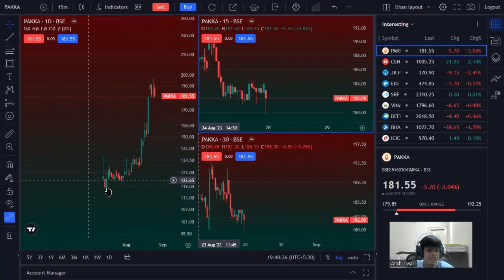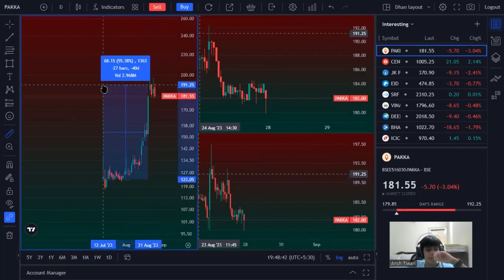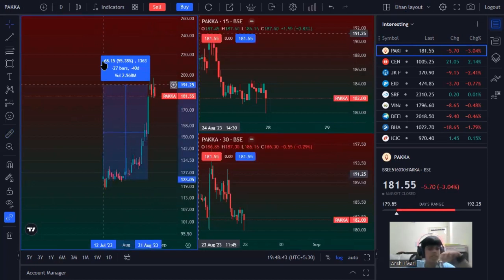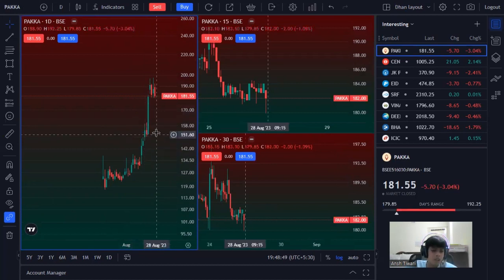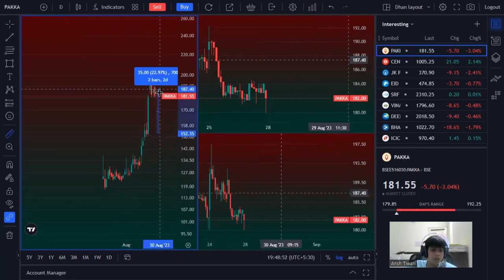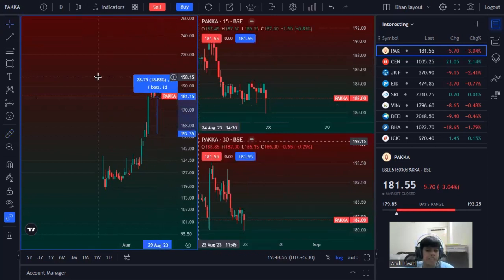And then the markets started going upwards, getting an up move of about 55%. This is a great up move, especially looking at this candle, which alone was almost 20%, 18.88%. This candle alone took all of that area.